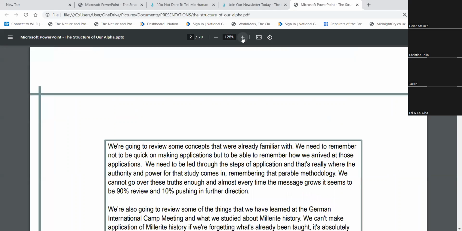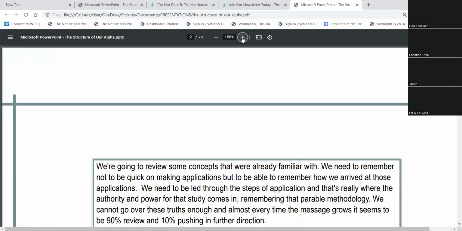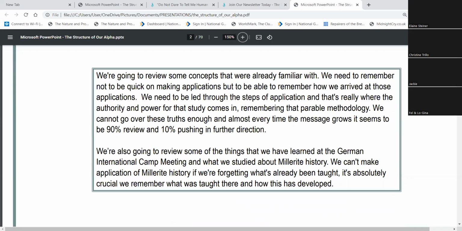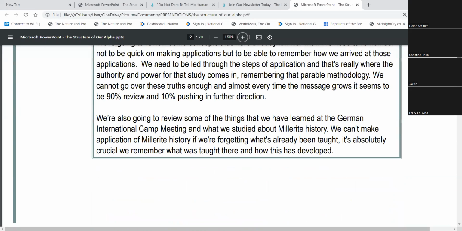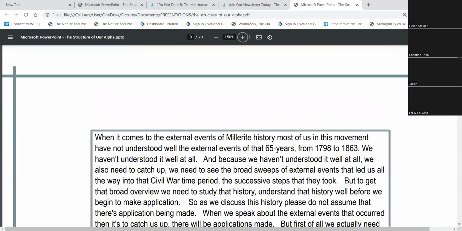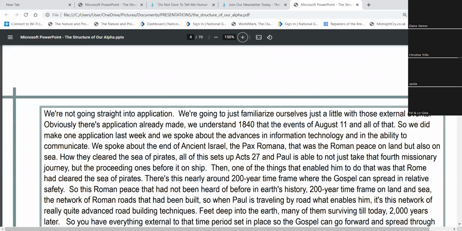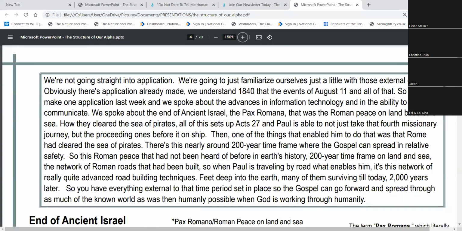I don't know, that's weird. Okay, that's probably why I missed that one. Do you have a wheel on your mouse? Yeah, the wheel sometimes makes it easier not to miss one versus the thing on the right. Okay, let me see.